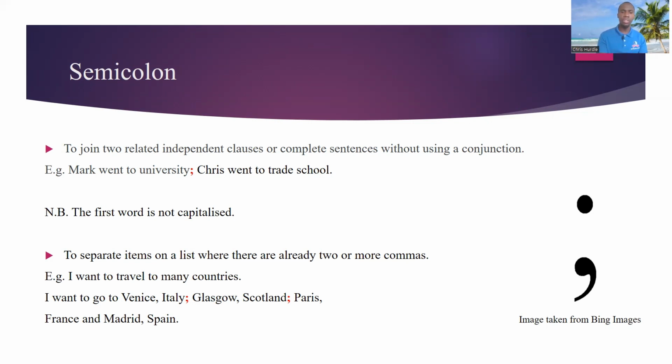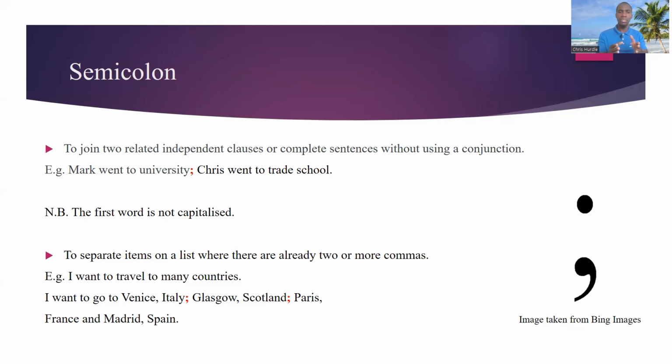But what you need to realize is that if we did not place the semicolon, it would be a little harder to understand which parts go together. So: I want to go to Venice, Italy; Glasgow, Scotland; Paris, France, and Madrid, Spain.